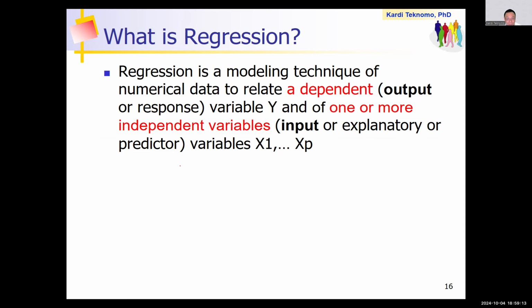So you have inputs x1 to xp, many inputs, and you have one output variable y. The output variable is called dependent, because it depends on the input. And then you have one or many independent variables. So these are the inputs.